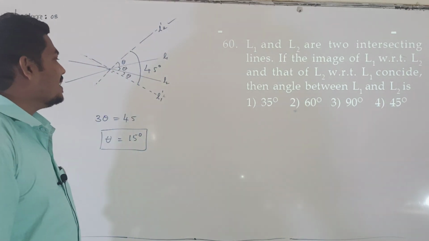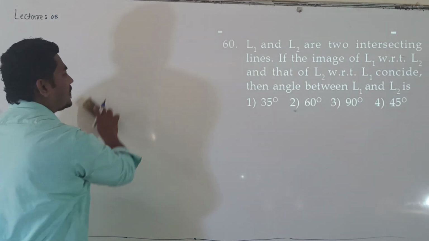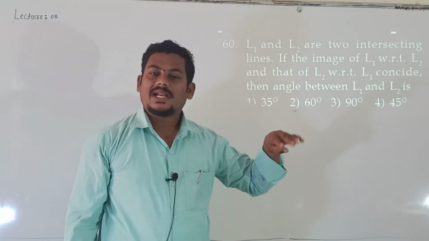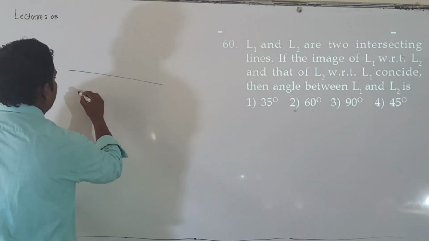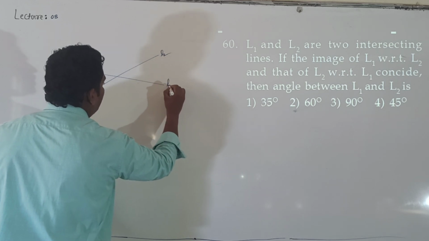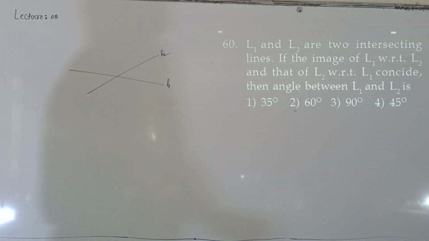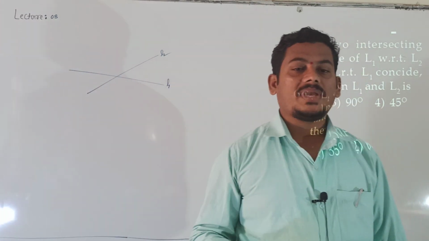But in this case, their images coincide, and clearly L1 and L2 are intersecting lines. This is line 1 and this is line 2. Their images coincide, meaning overlap.